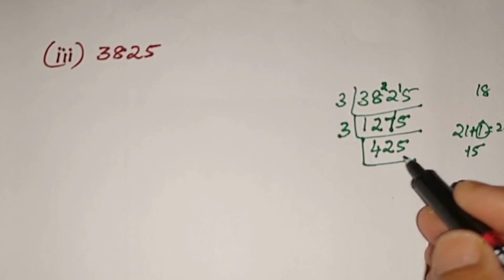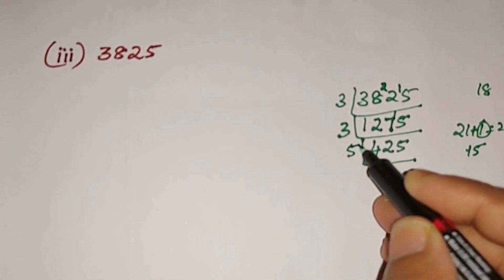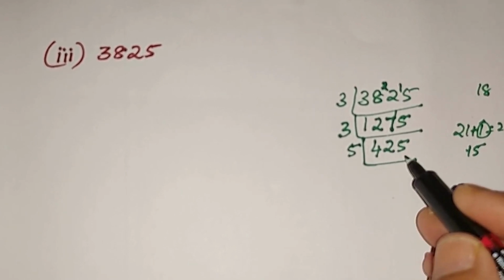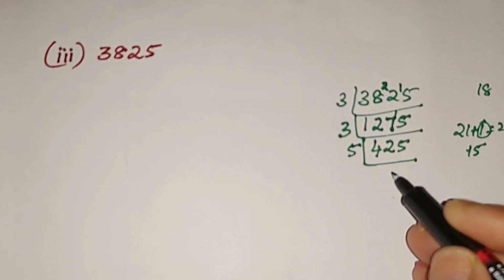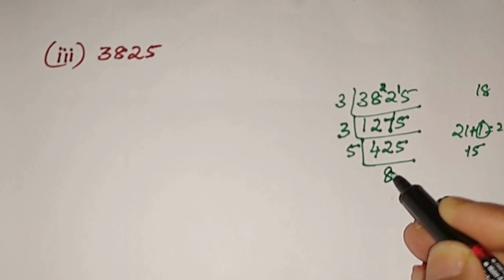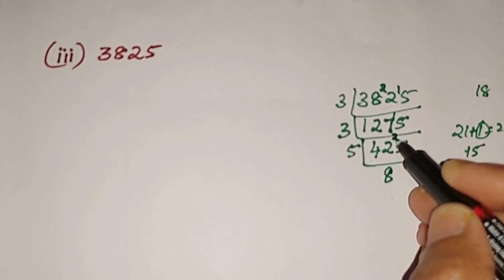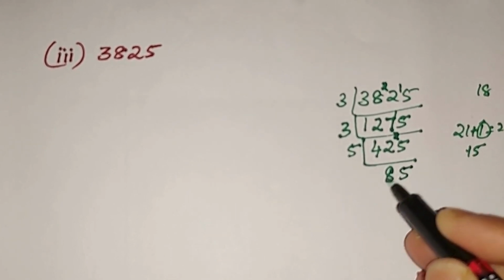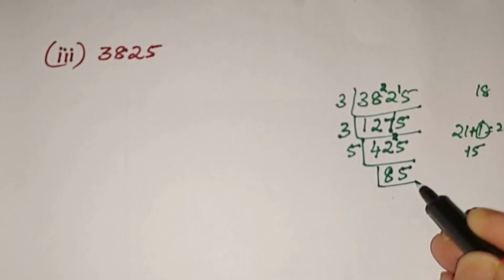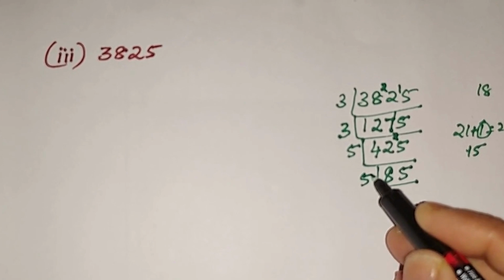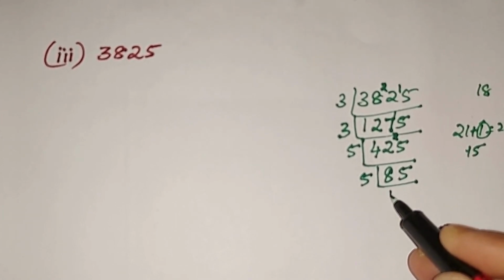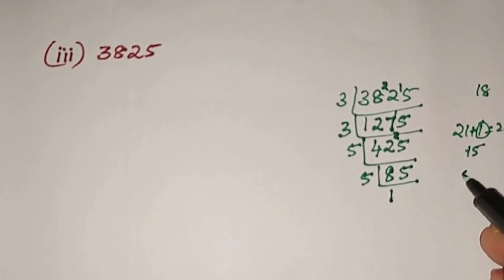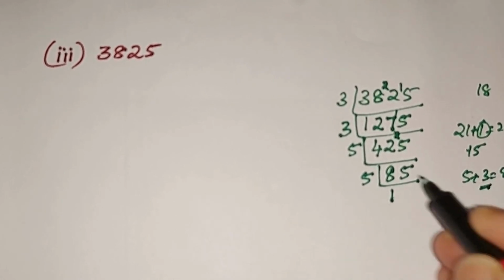Now definitely we can go for 5. It is divisible by 5 because the ending number is 5. 5 goes into 42 eight times, 8 5s are 40, right? Then 2, 25. So 5 goes into 25 five times, right children? 85. Now again 85, 5 goes into 8 one time. 1 5 is 5, 8 minus 5 is 3, remainder 3.